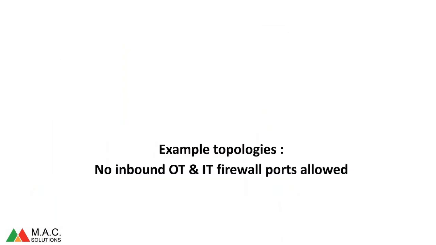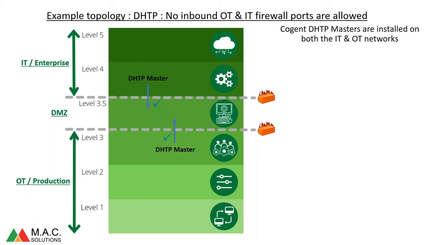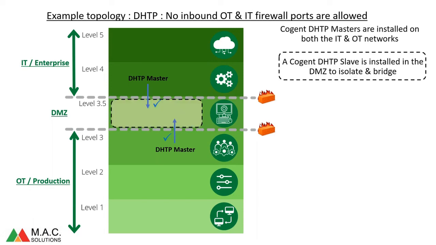Now, the next example is to look at situations where both the IT firewall and the OT firewall have all their ports closed, which is the ideal situation for keeping maximum protection from a cyber threat. So, no inbound ports allowed here. The way to achieve this is to install a Data Hub Tunnel Master on the IT side and the OT side, on both sides of the DMZ, and then a DHTP slave application in the middle.